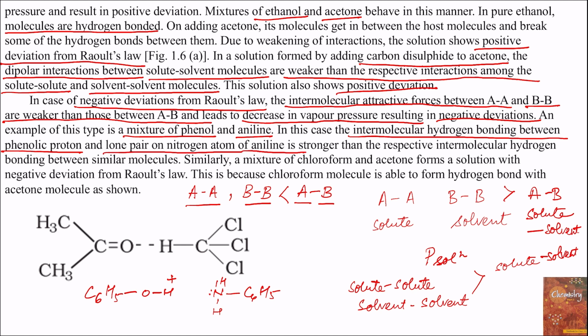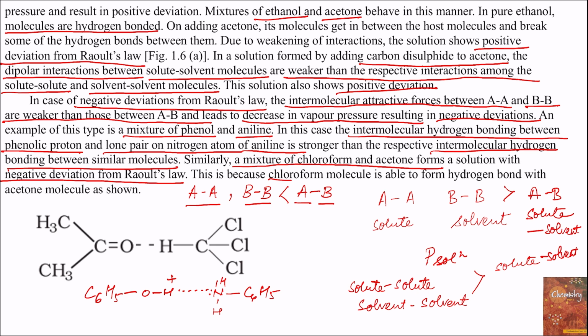Here the hydrogen bond is stronger than the respective intermolecular hydrogen bonding between similar molecules. Meaning the strength of the hydrogen bond between phenol and aniline is stronger than the hydrogen bond between pure phenol molecules or pure aniline molecules.